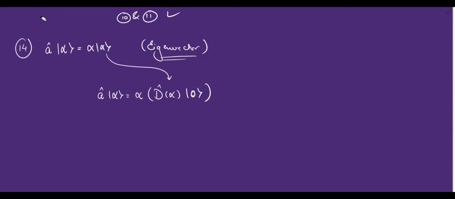And now I will use some properties that we defined earlier. So we had proven that D dagger of alpha, a D of alpha is equal to a plus alpha times identity. So what we can do here is some manipulation.